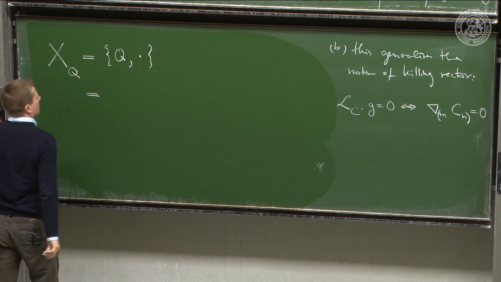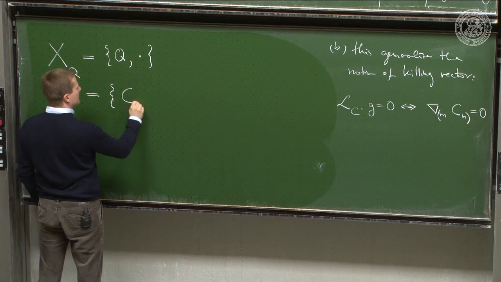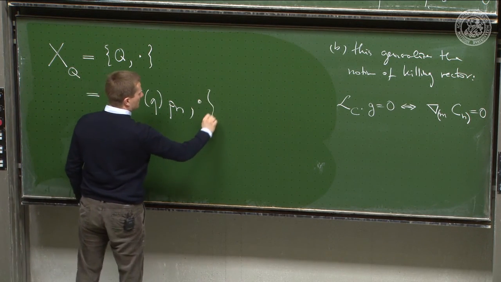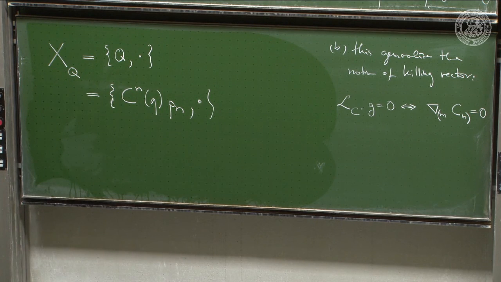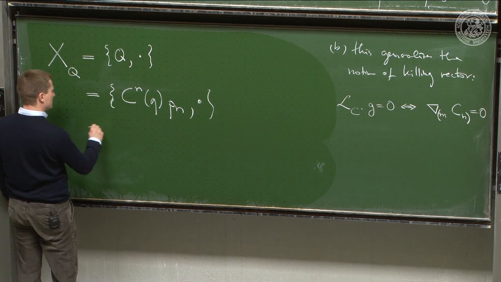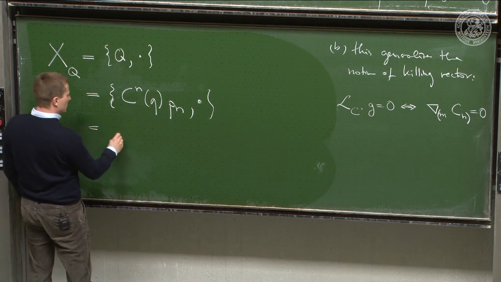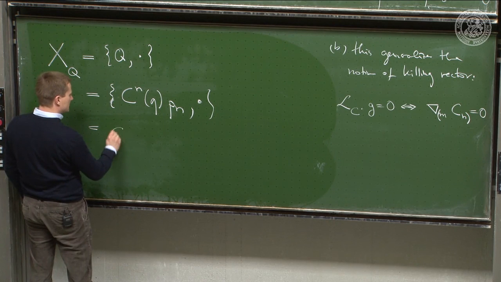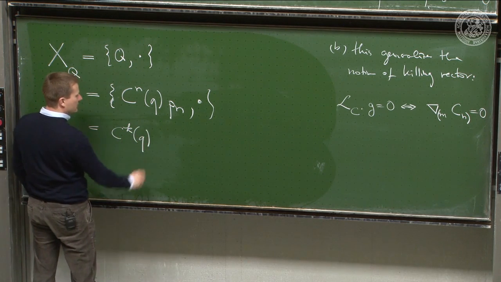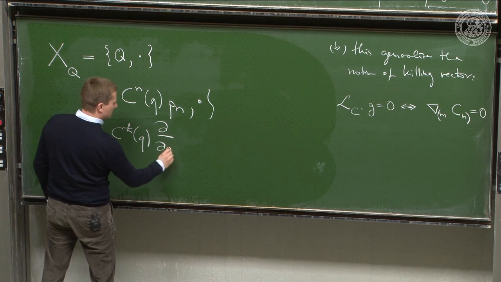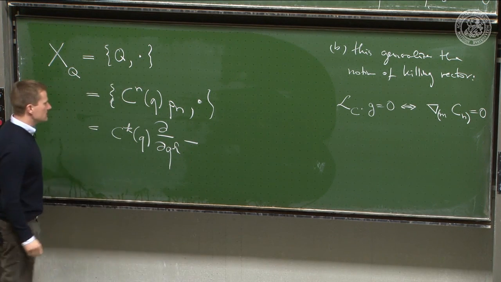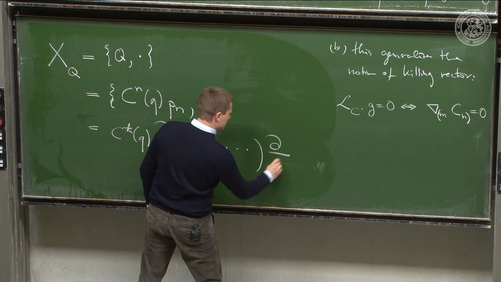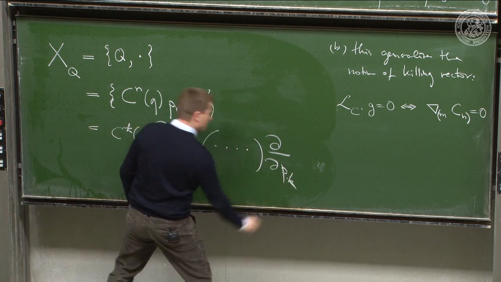But the Q in our case simply consists of a linear term, Cn of Q times Pn. Agree? Linear in P. Could have a zero term, doesn't matter, but it's linear here. So we do the derivative, this by dpk, but this gives you, of course, a ck of Q times d by dqk minus, well, whatever now comes, some term that's non-zero, d by dpk.